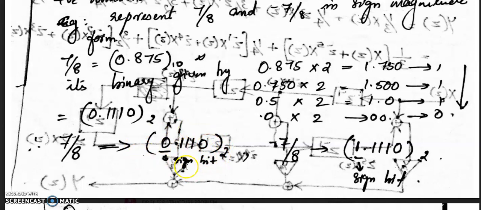That means it is positive 7 by 8. For minus 7 by 8, how will you represent the sign bit? The sign bit is the most significant bit. Here, an extra MSB is added before the value, and that MSB becomes 1. That represents minus 7 by 8. So this is the sign magnitude form.